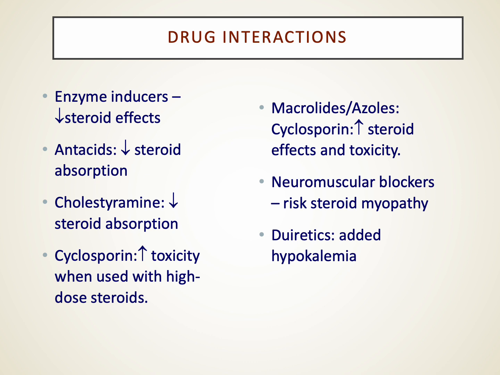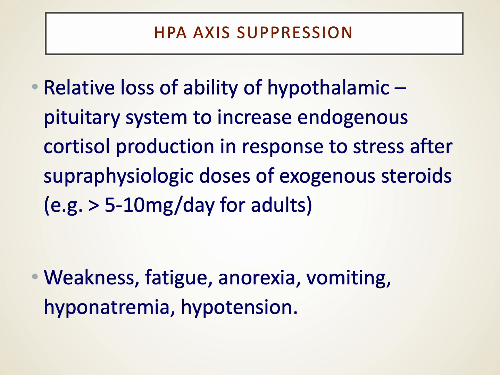There are a number of interactions that happen with corticosteroids. We need to be aware of those when we're starting and stopping other drugs, when folks are on prednisone or prednisone-like drugs. The hypothalamic pituitary adrenal axis suppression really only happens when folks are on longer-term, more than 10-day therapy of prednisone at doses above 10 milligrams a day.